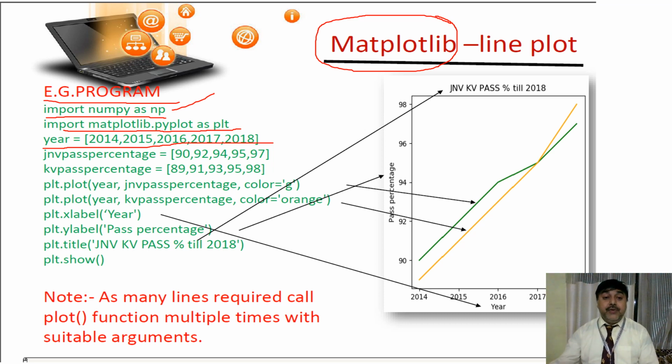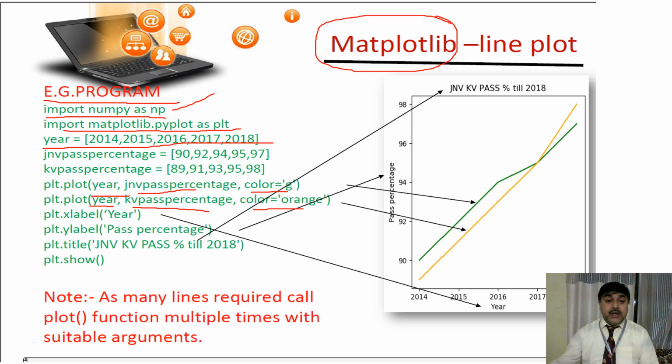So for two different schools, I have given their pass percentages. After that, I have used plot for year and JNV pass percentage, and mentioned some color for it. Similarly, I have taken year and KV pass percentage with another color. This is what has been plotted.